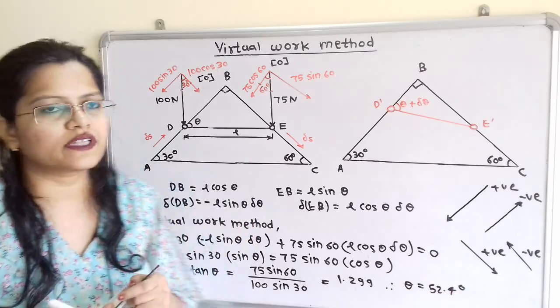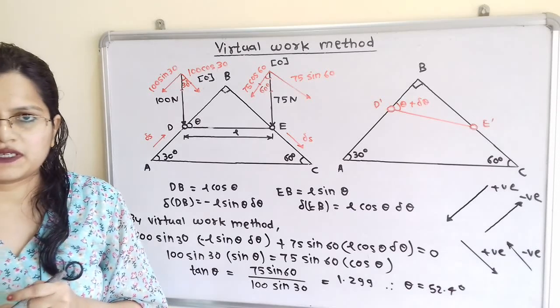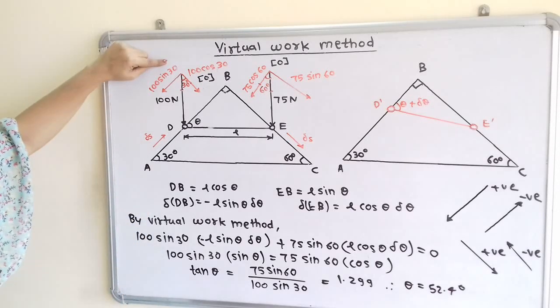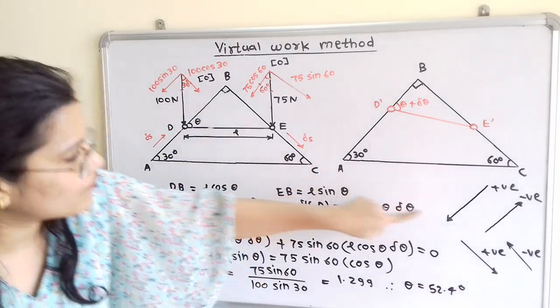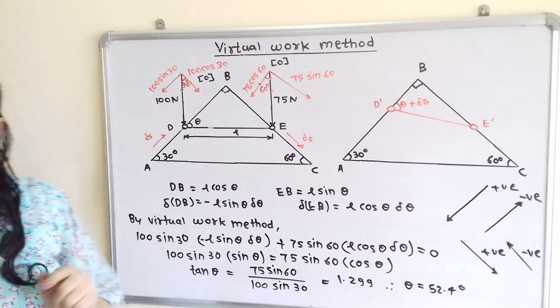Now we will apply the virtual work method. So by virtual work method we have to take force multiplied by displacement. Now we will take here this force 100 sin 30. So it is in the downward direction. So plus 100 sin 30 multiplied by displacement.